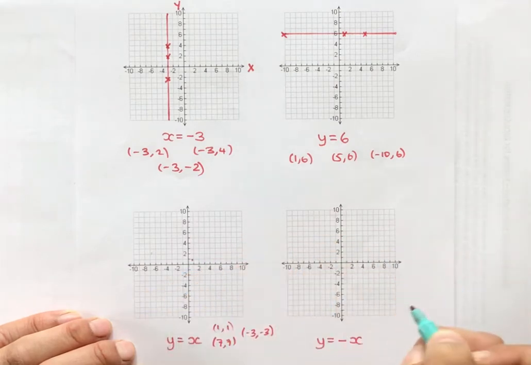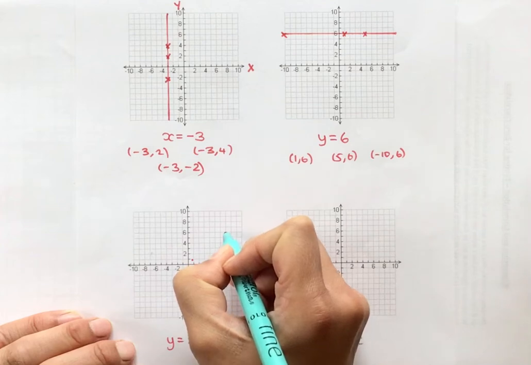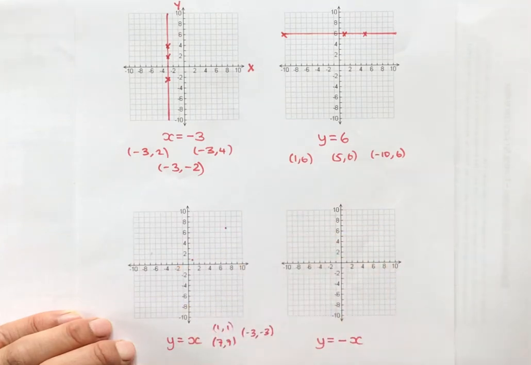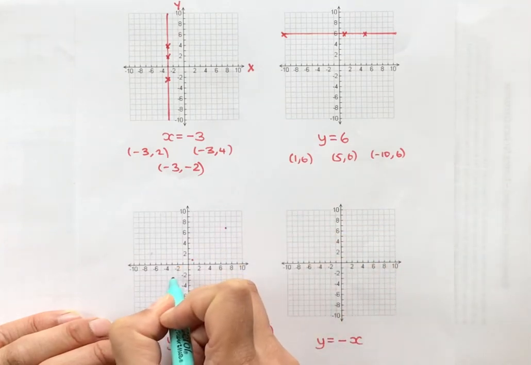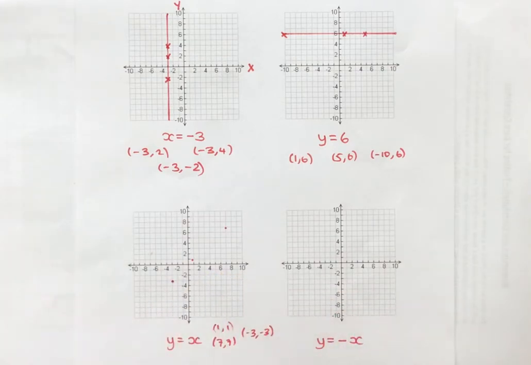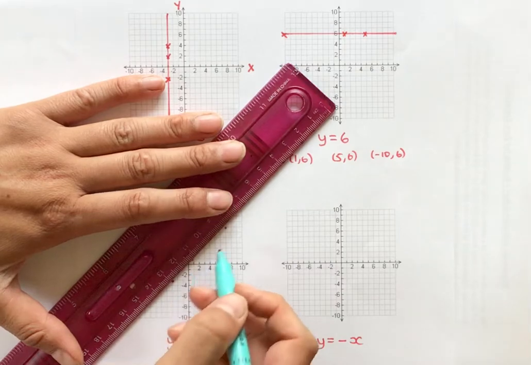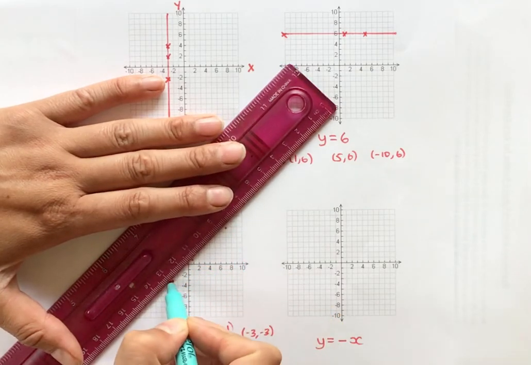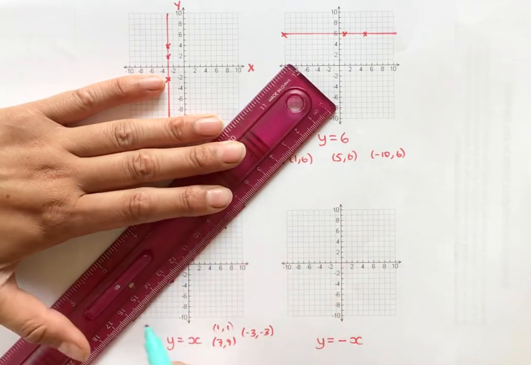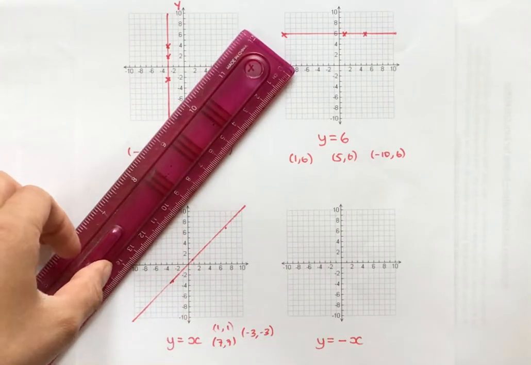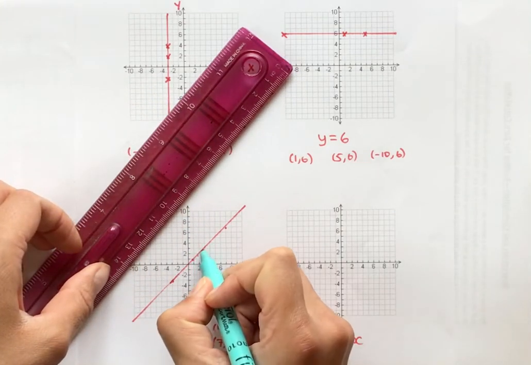And if you plot those, you will see that you get a diagonal line. And this diagonal line has a gradient of 1. So for every 1 square across, it also goes up by 1. So it goes neatly through the corners of every square. So it goes through all of these corners here.